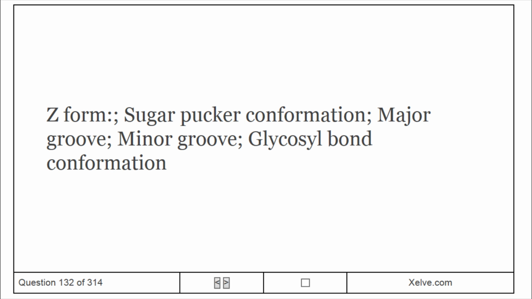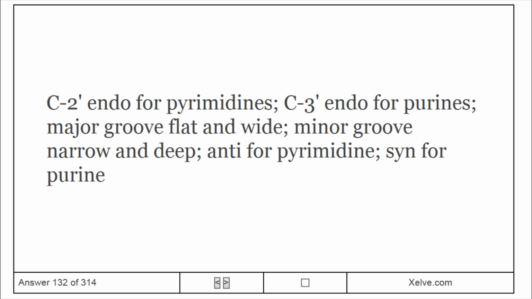Z form: C2' endo for pyrimidines, C3' endo for purines, major groove flat and wide, minor groove narrow and deep, anti for pyrimidine, syn for purine.